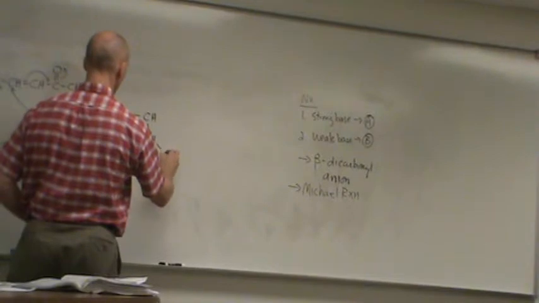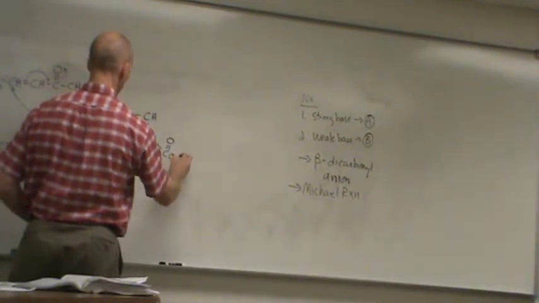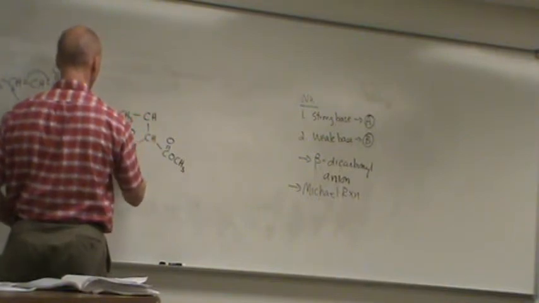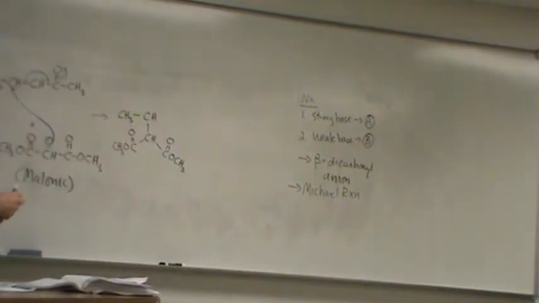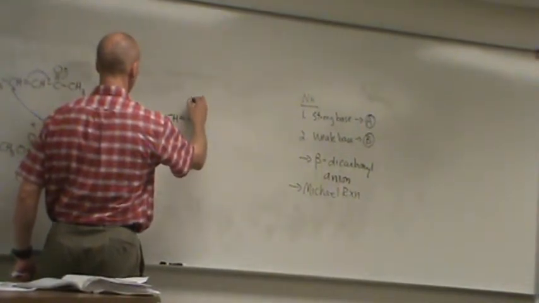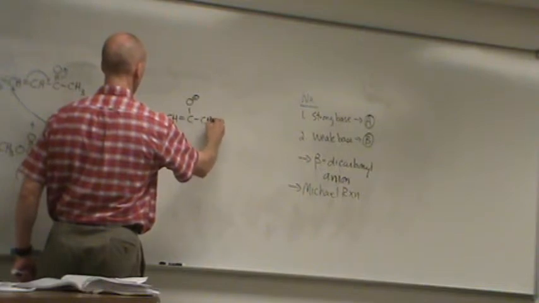This gets a little clumsy to draw. There is my CH, adding on the beta carbon. Now let's draw the rest on this side. Finish it out like that.